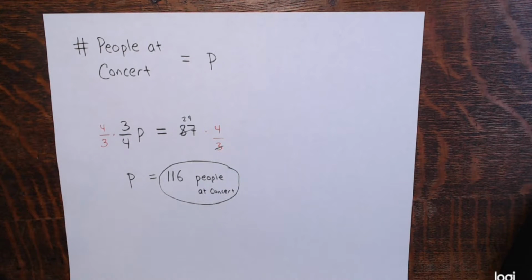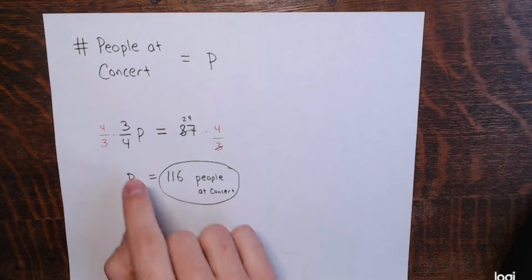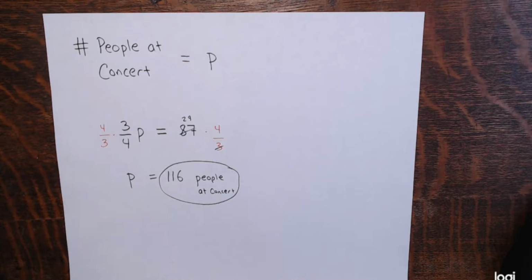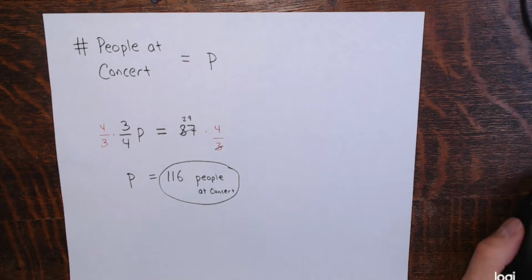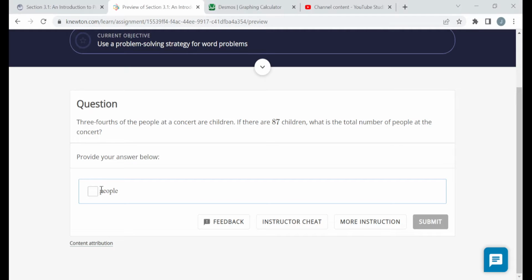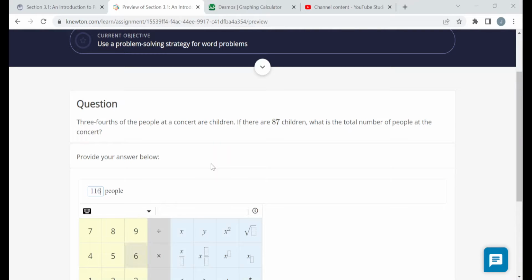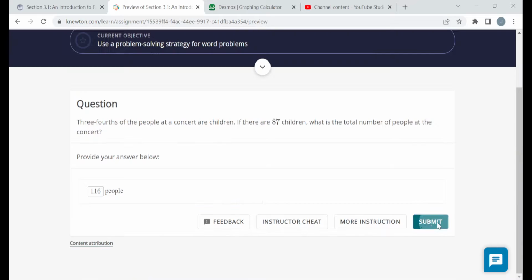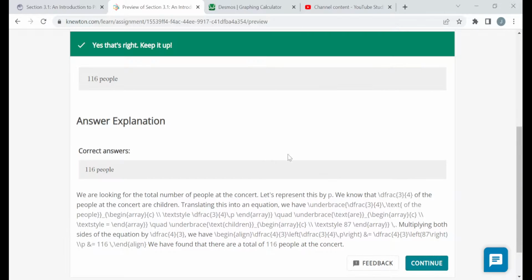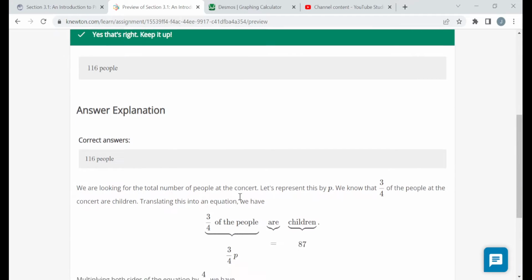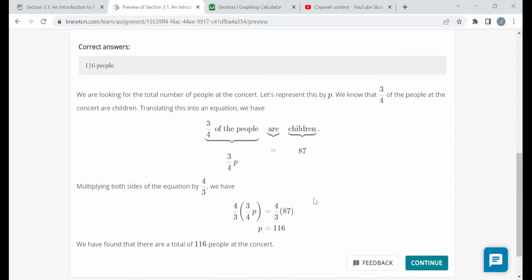And again, make sure it makes sense. 3/4 of 116 should be 87. 4 goes into 116 29 times, and then 3 times 29 is 87. So that works out. So 116 people at this concert. I followed the same steps, and I think they didn't really go through the steps here, but they mentioned them earlier, right?